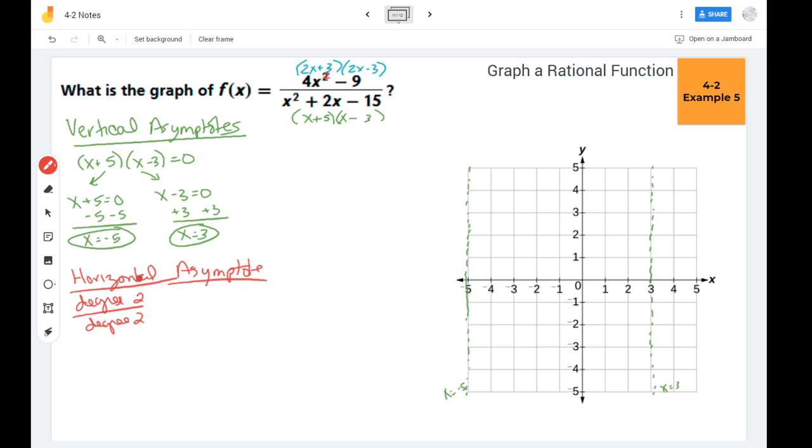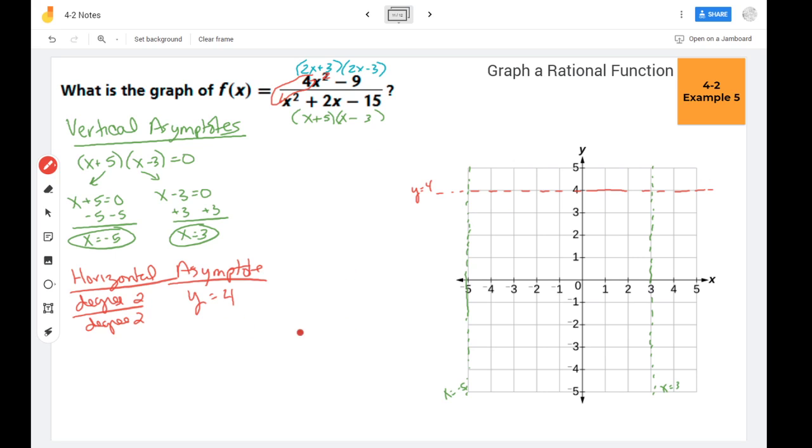So if you remember the 3 cases that we talked about in the past several videos, when our degrees match, my horizontal asymptote occurs where y equals the ratio of my leading coefficients. So my ratio here would be 4 over 1, which is 4. So here is my horizontal asymptote.